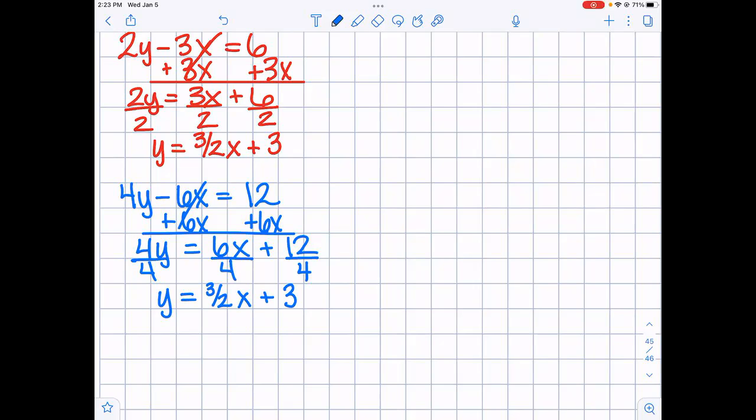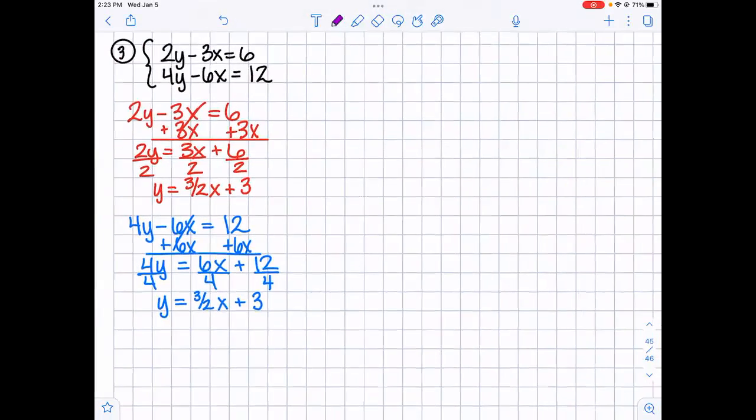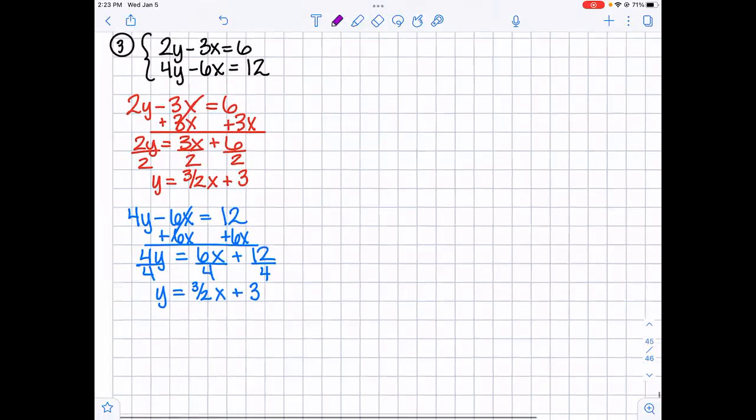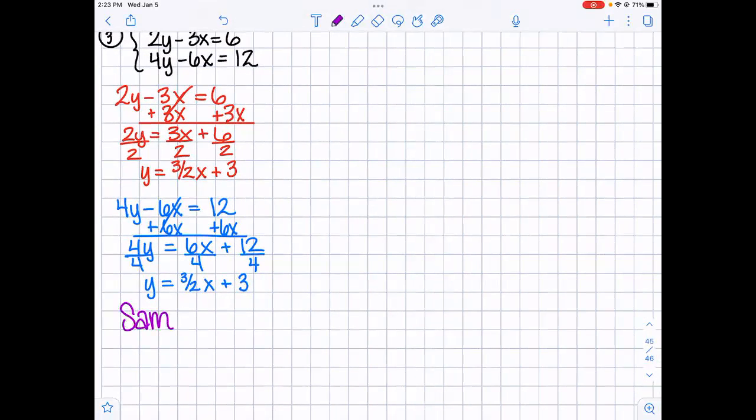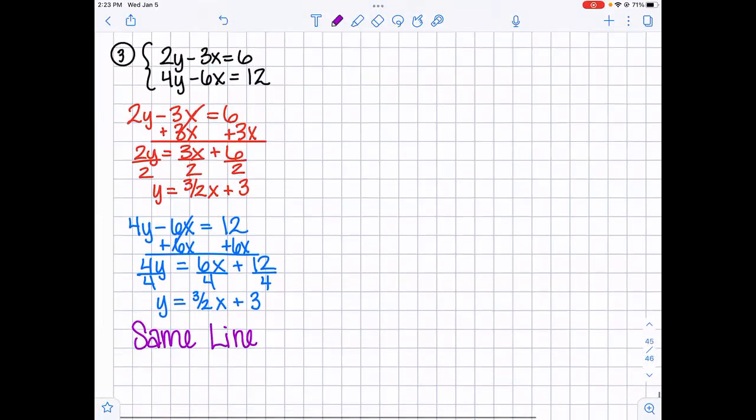Now, what do we notice about these equations? They're the same line. So could we graph these? Yes. Do we really need to? No. So what's going to happen if they overlap? Where are they going to cross? On top of each other. If I have one line here, then I draw another line right on top of it, where are they going to cross? On the whole line, right?